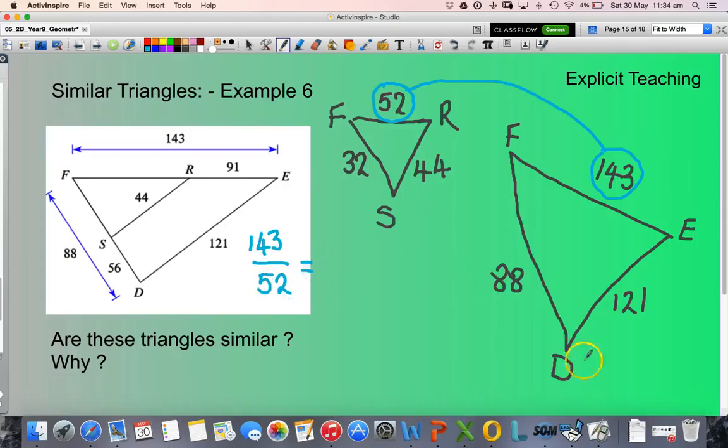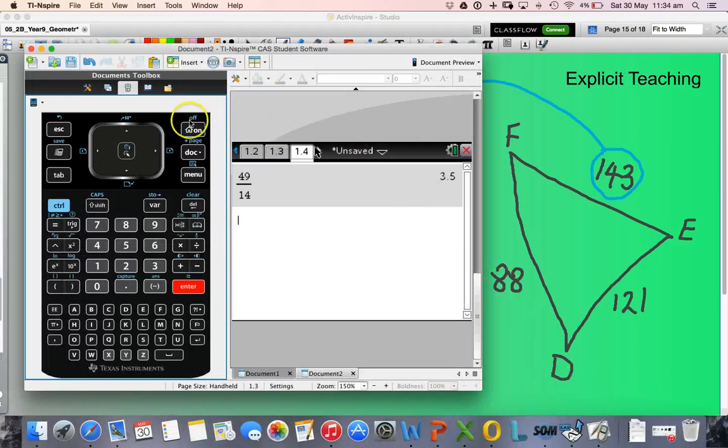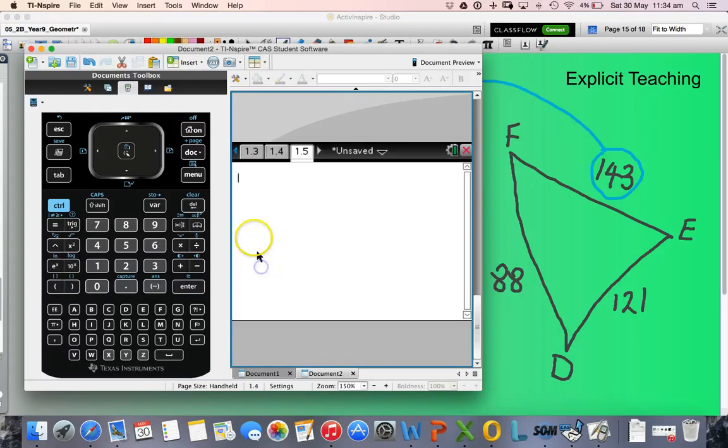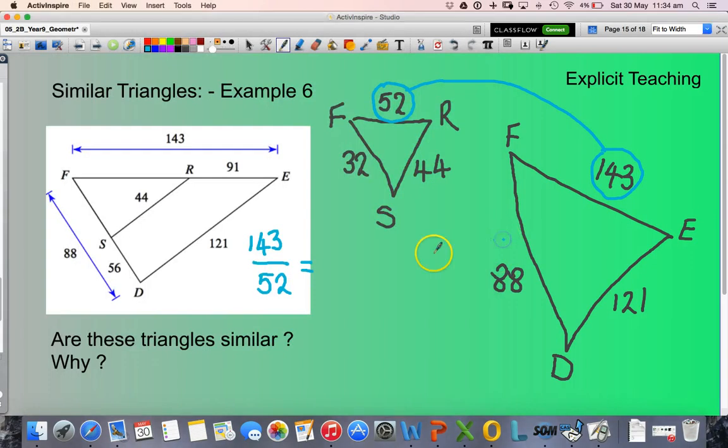Let's have a quick look and see what that is. 143 divided by 52. 2.75. It's not one that I could really do in my head. 2.75.